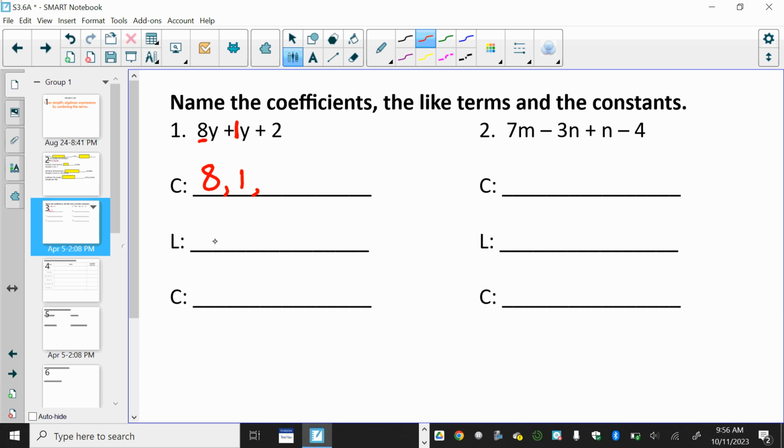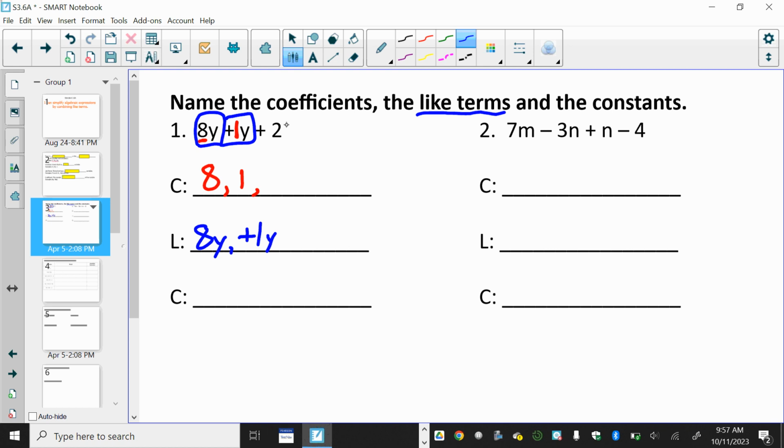Go to the next one. Like terms. Look, we're looking for the same letter. So here we have a Y-like term and a Y-like term. So we'll write those 8y and plus 1y, right? You could just say 8y and 1y, that's fine. The 2 is not included because the 2 does not have a letter to match.